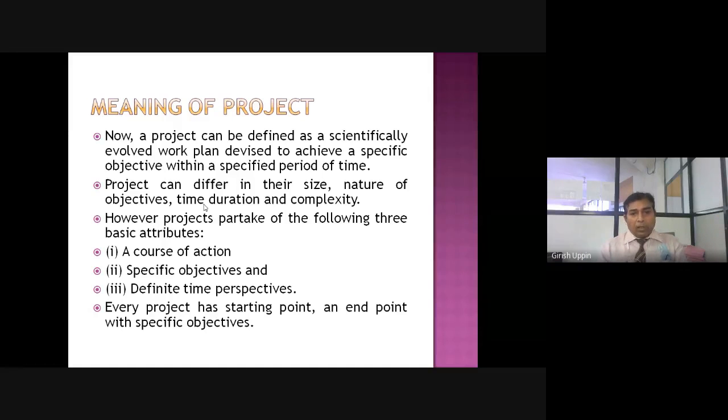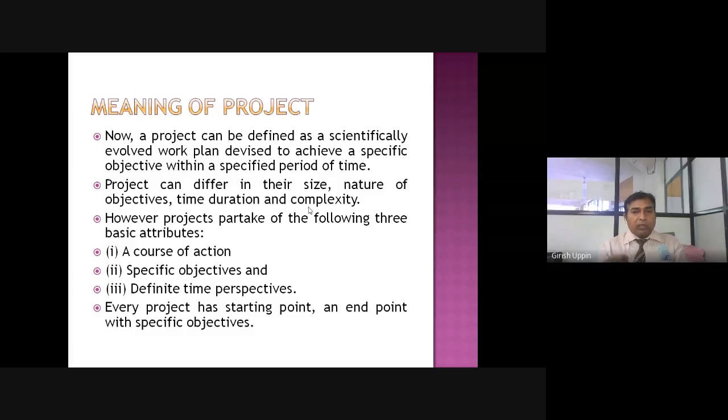Suppose you want to set up a hydropower plant by constructing a dam; we are talking about 5 to 6 years of work. Then complexity: some projects are huge but may not be very complex, and some are not very huge but are very complex. For example, any project related to space, like ISRO launching a satellite, is very complex, right?